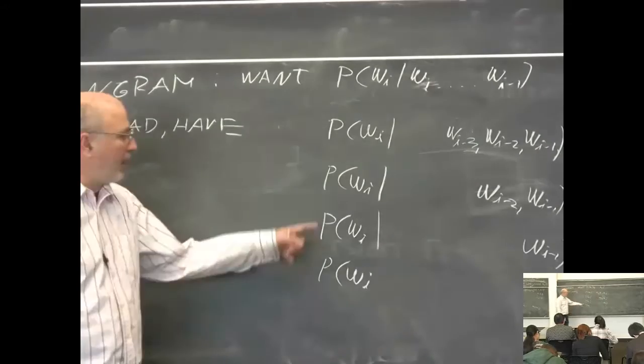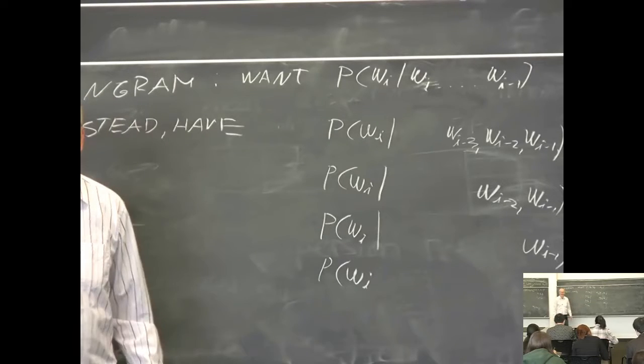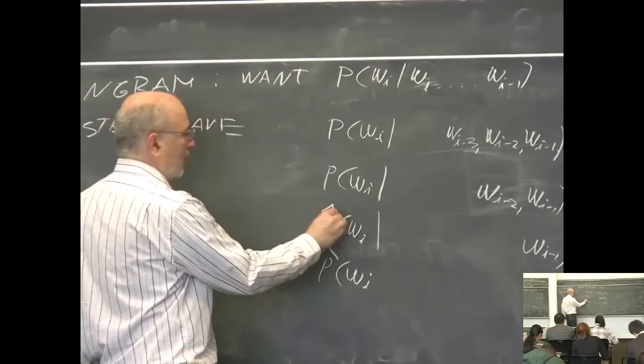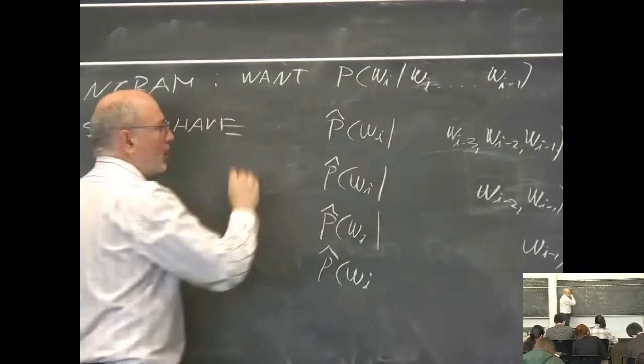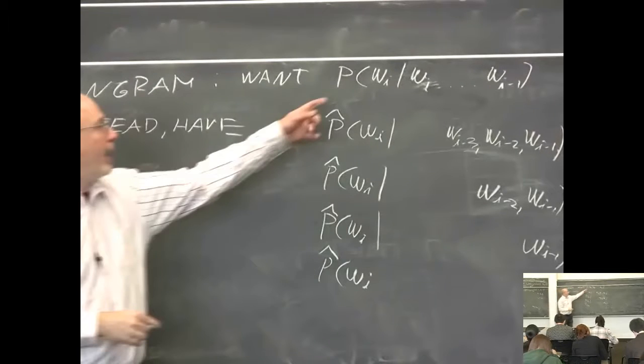And not only that, we don't even have these. We have estimates of these, right? So we are twice removed from what we're really after.